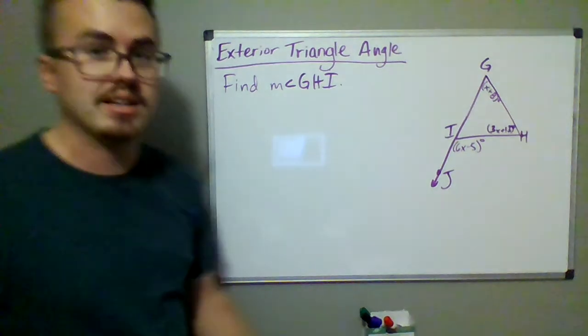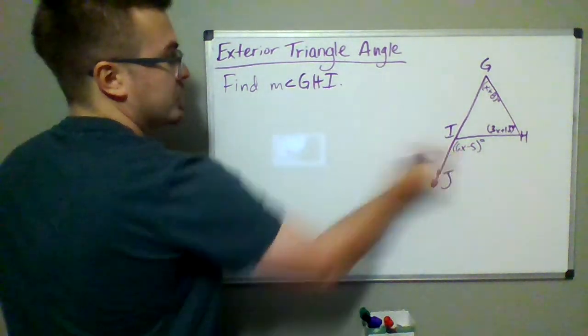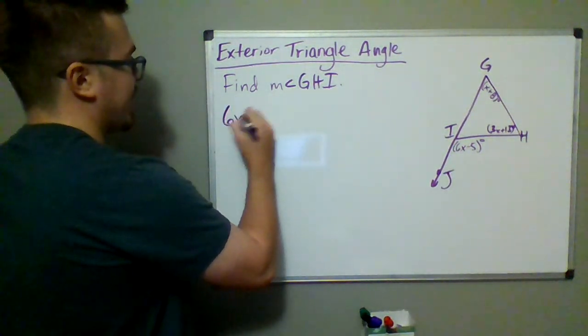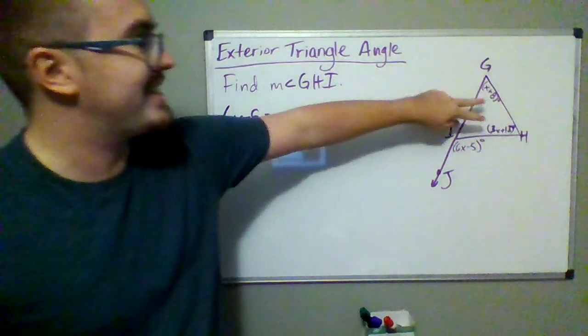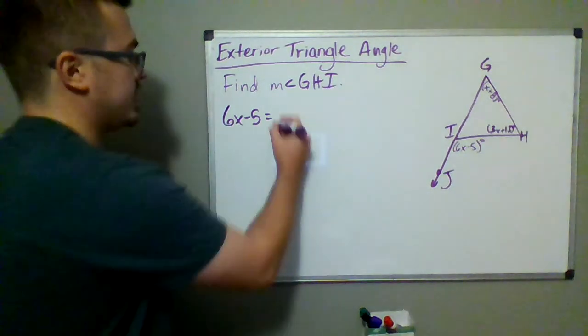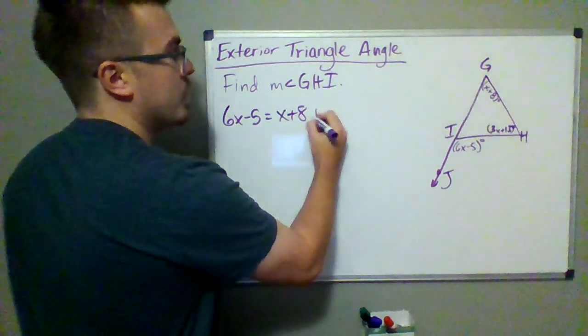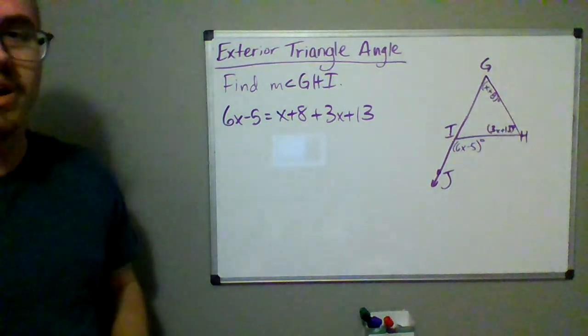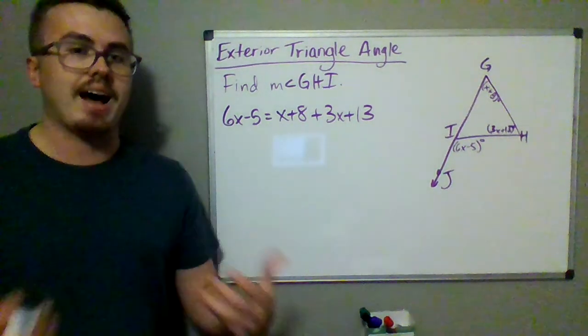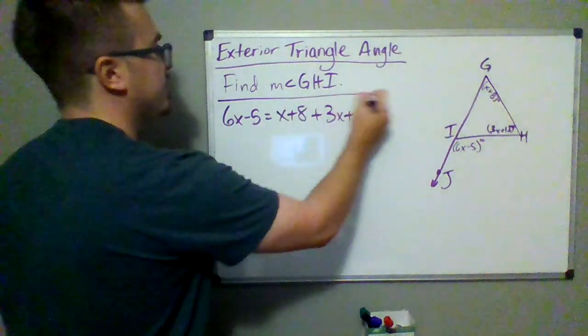So let's use that. We know that this outside angle, 6x minus 5, is equal to the sum of these two angles, so x plus 8 plus 3x plus 13. And boom, there we go, I've got my equation. And on my equation, I need my t-chart.